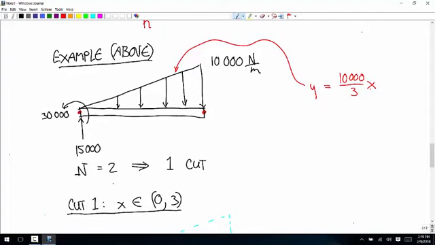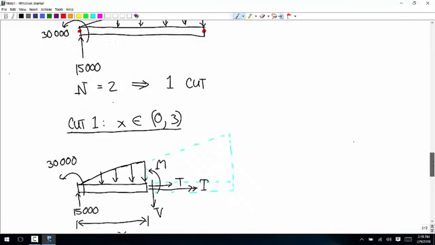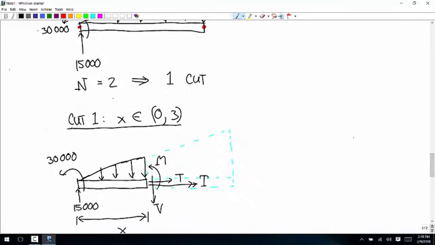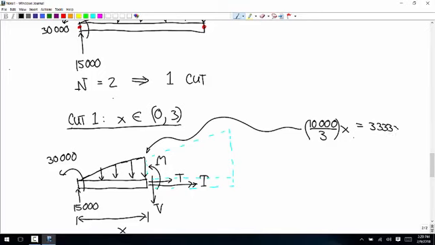When x is 0, the height is 0. When x is 3, the height is 10,000. And it's a linear function. Okay, so that means that the height at the value x is 10,000 over 3 times x. So 3,333x.